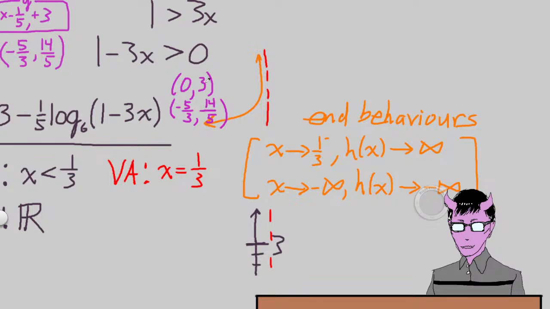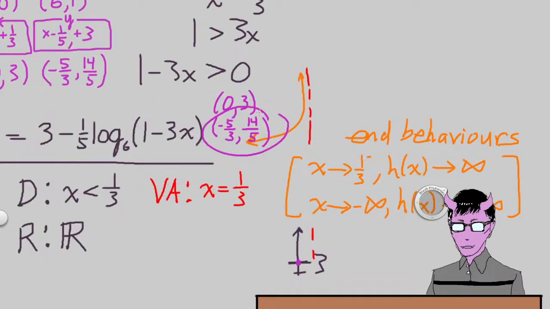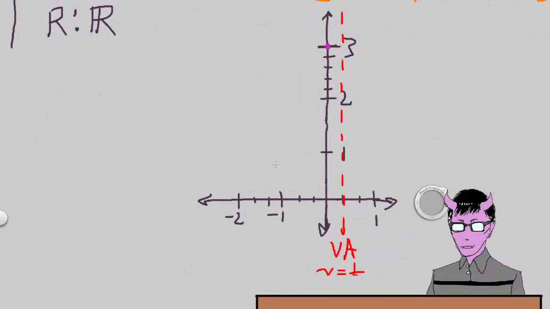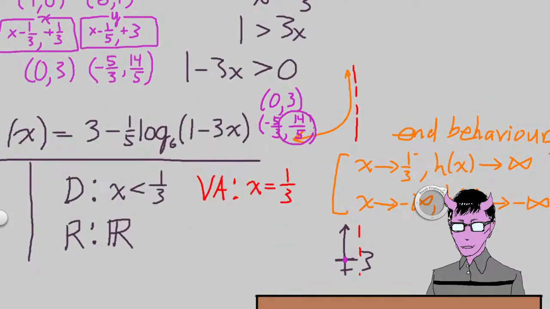And then we have two anchoring points. Remember, from the parent function shifting analysis, we determined that we're to the left of the wall, so these points should lie to the left of the wall. So 0, 3. Yep, it's to the left of the wall. And then we have negative 5/3, which is 1 and negative 2/3 right here, and almost 3, so 1 hash mark below 3.